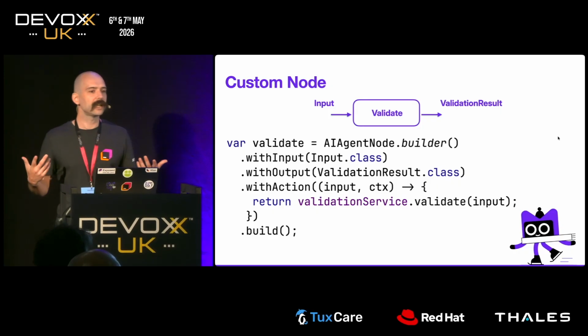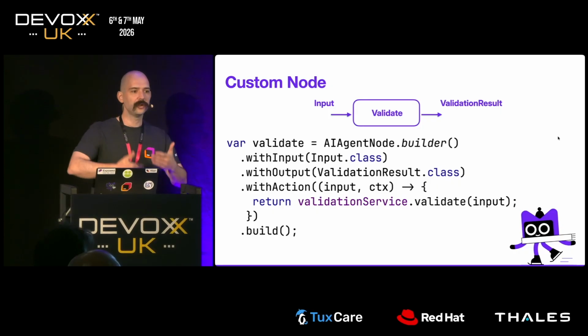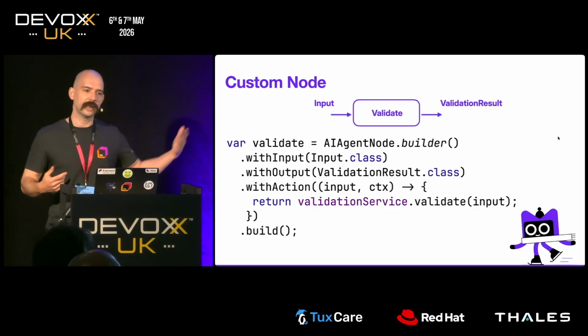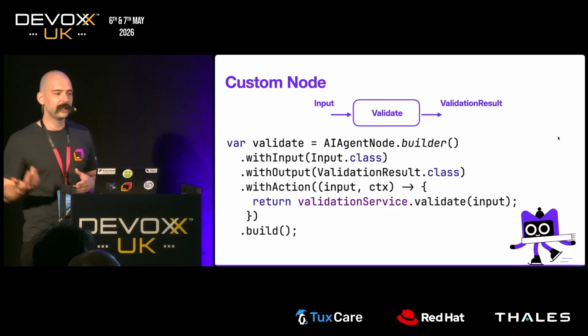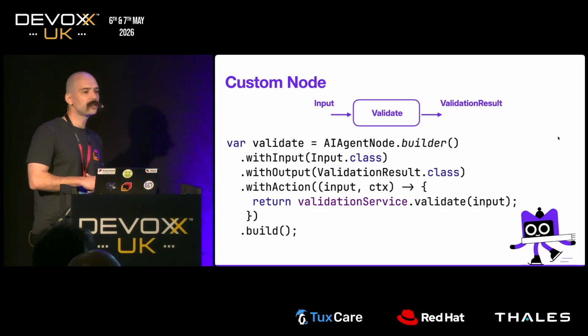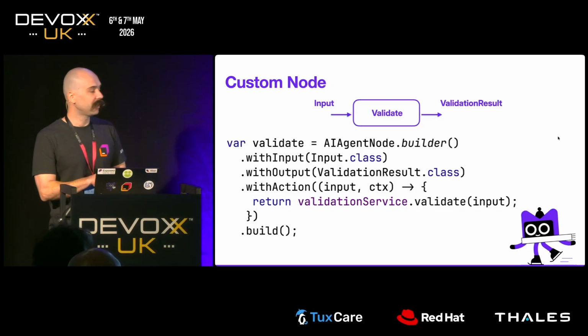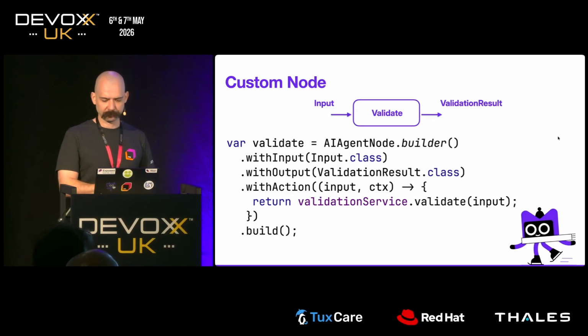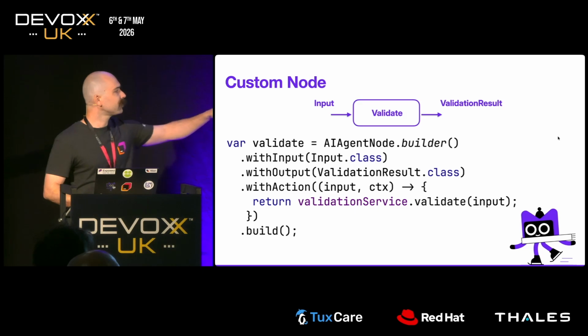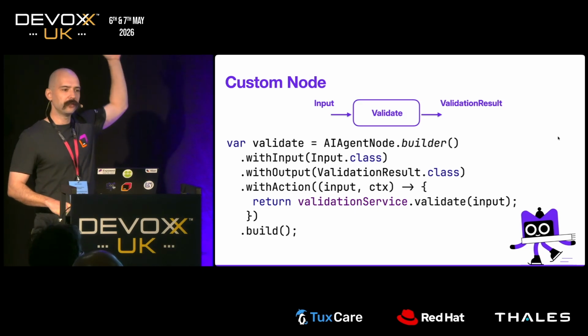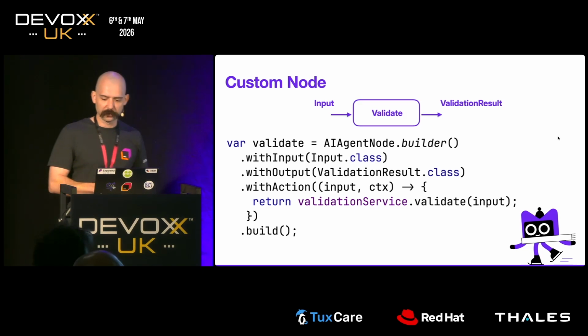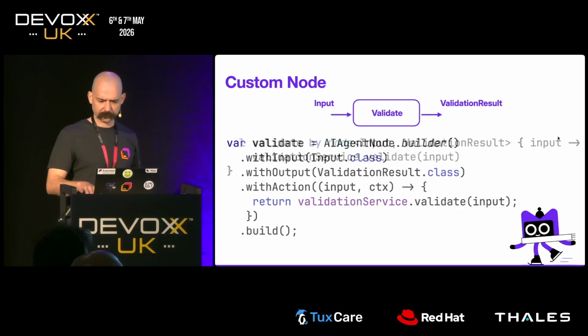And this custom action is what's going to be executed in the node. And this can be anything like a validation service or sending an email, reaching out to the user, anything important that you need to do in your workflow. And this context type here, again, is the type that gives you access to all the machinery of Koog, as we'll see in a bit.